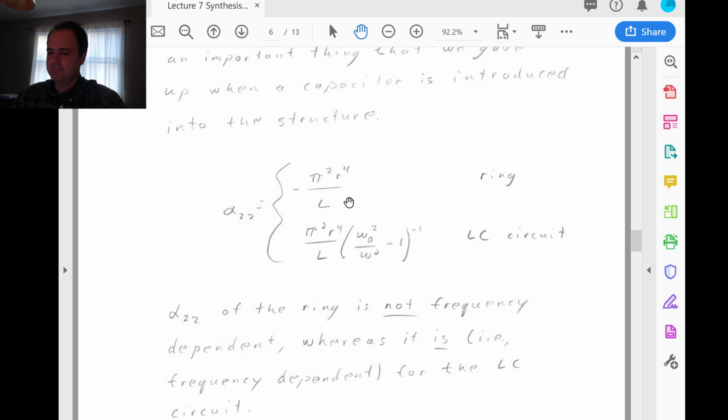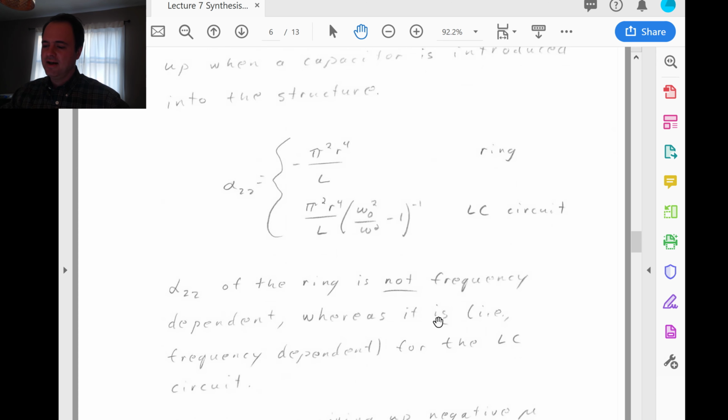And there's no other frequency dependence that comes in through any other factor in this ring alpha. But for the LC circuit alpha, L may still not be dependent on frequency, but the frequency dependence certainly comes in here and is very strong right here. All right. So alpha Z of the ring is not frequency dependent, whereas it is for the LC circuit.